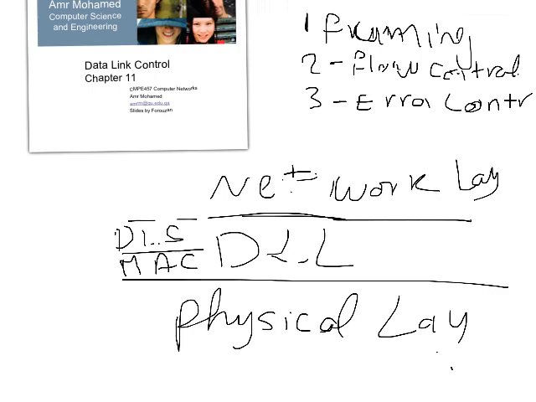Therefore, the MAC sublayer is medium dependent, whereas the data link control sublayer is medium independent. It does not know anything about the physical medium. So all the three functionalities we have listed here, framing, flow control, and error control, are done regardless of whatever physical medium you have.